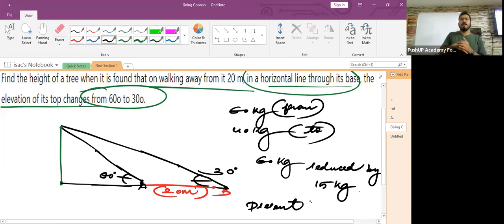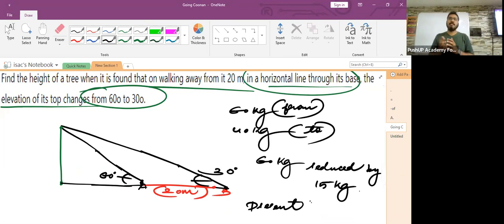Nabil will answer. 45. How did you get the answer? 60 minus 15, isn't it? Children, there is a slight difference in the phrase from 60 to 40 kg and being 60 kg reduced by 15 kgs. That means from that 60 kg body weight he has reduced 15 kgs. So his present weight is 60 minus 15, which is equal to 45.